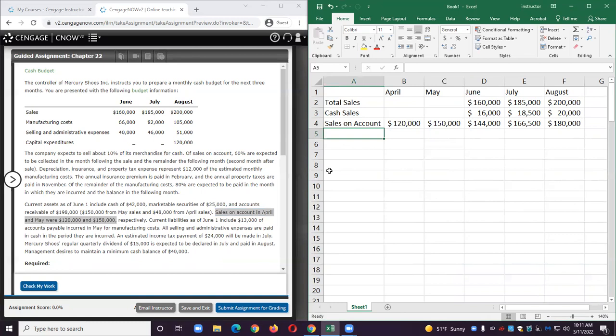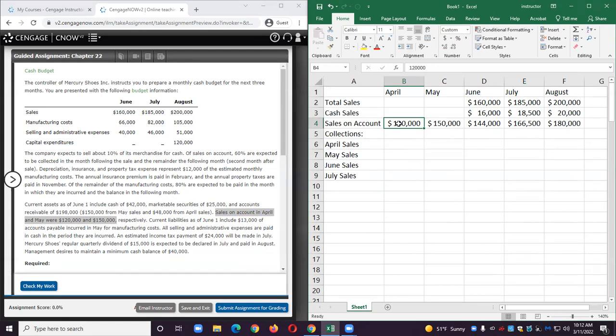So there's our sales on account. Now we have to figure out collections. The way I'm going to lay this out is I'm going to say our collections of our April sales. Of my April sales on account, in April I would have collected 10% of my total sales in cash during April.